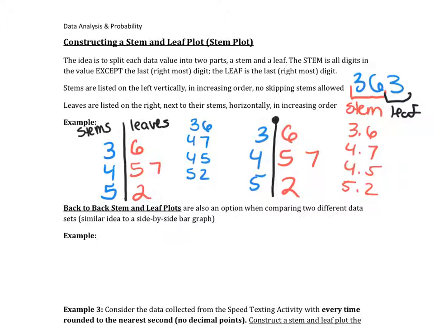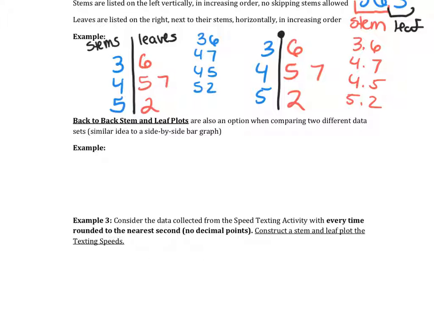Okay. Back-to-back stem and leaf plots are also an option when comparing two different data sets, similar to the side-by-side bar graphs that we did with qualitative data. This would be like if we had some data for males of like 50, 52, and 64.